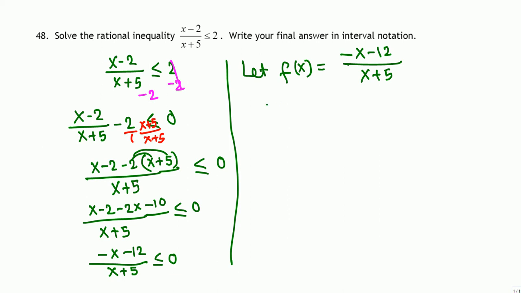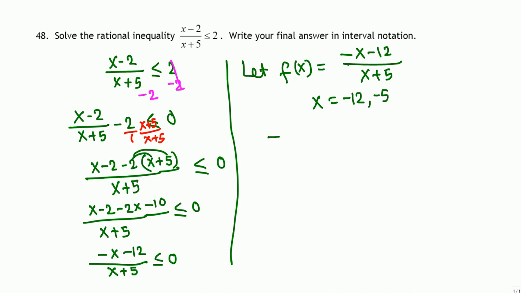Setting the top to 0, x = −12. Setting the bottom to 0, x = −5. So −12 makes the top 0, and −5 makes the bottom 0.